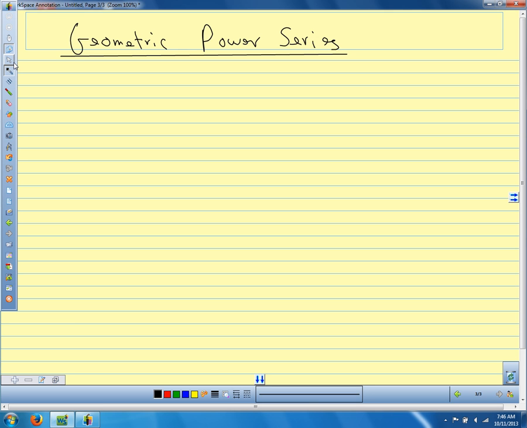What kinds of things do we know about geometric series? We know the sum. We know a formula for the sum. So geometric power series, we know a formula for the sum. So we know if it converges, we have this formula for a sum. That makes it very nice to work with. And we're going to rely on that as we manipulate some of these power series.